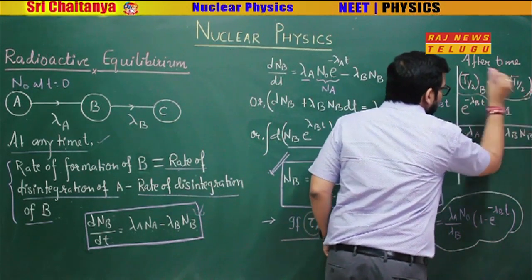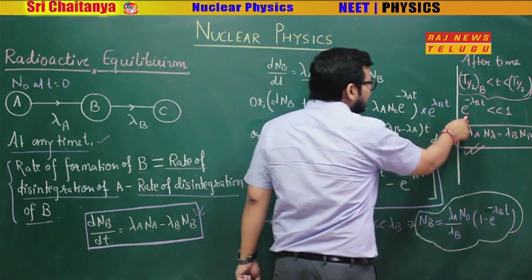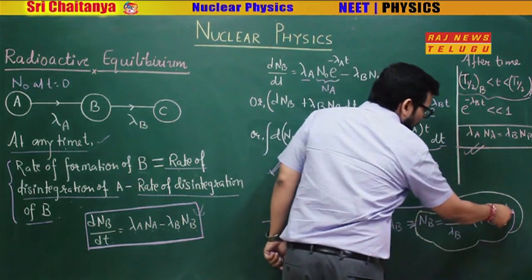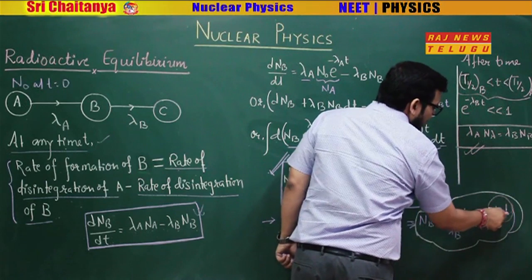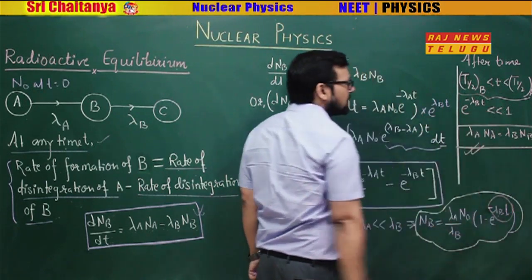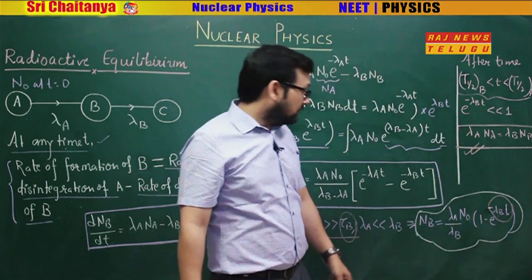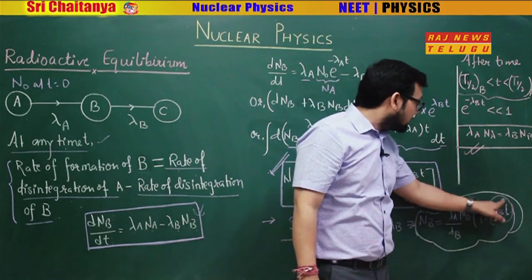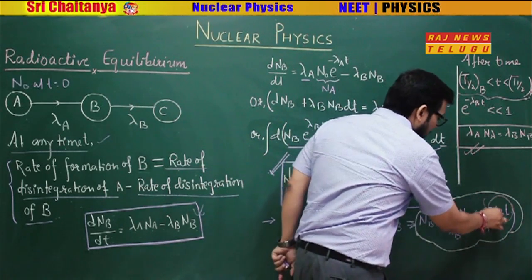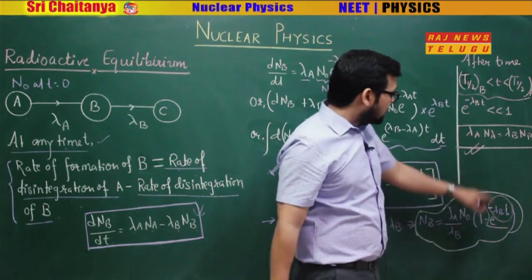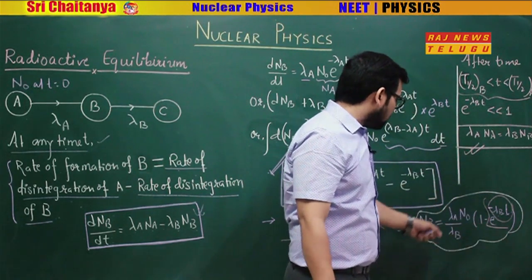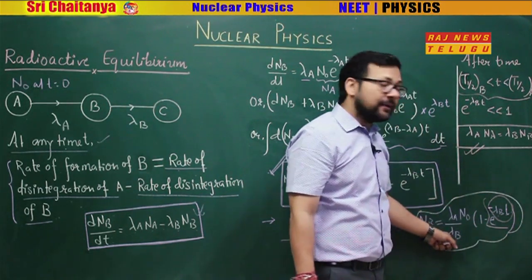Then in that case, e raised to power minus lambda B T becomes far less than 1. And if this is far less than 1, what is left is lambda A N naught by lambda B.